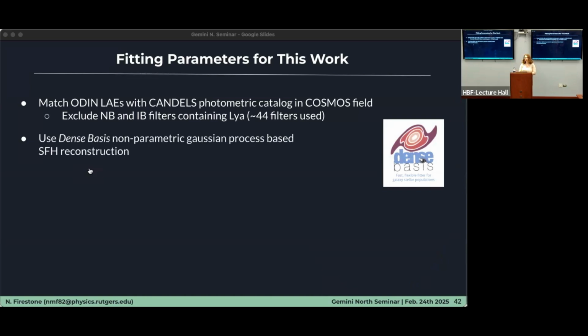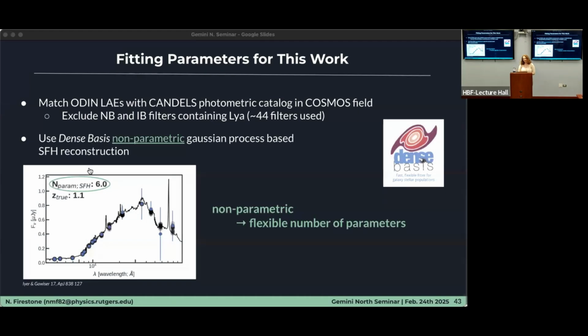This is really where a lot of awesome advantages come into our study. And the reasons for that are, first of all, dense basis is non-parametric. This means that we can encode a maximum amount of information in a minimal and flexible number of parameters. It also means that we're not making any assumptions about the functional form of our star formation history.